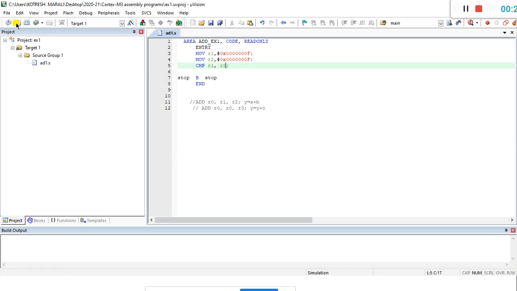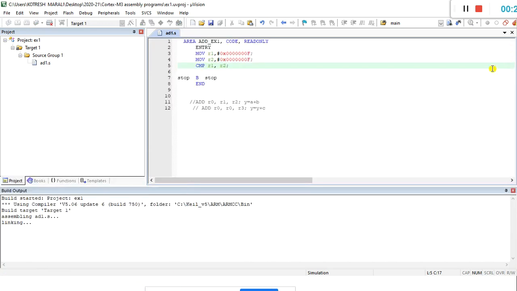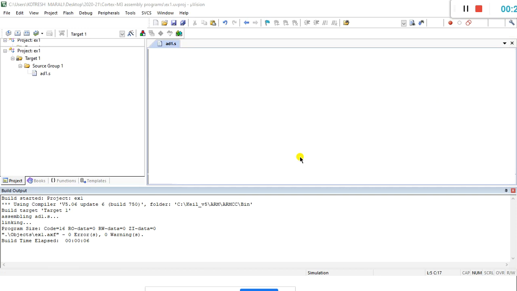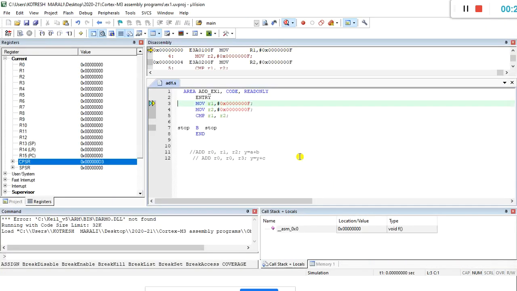So build this program and check for syntactical errors. No errors. Run the program. We are not writing any program here; I am giving you the explanation of each instruction and how it behaves.